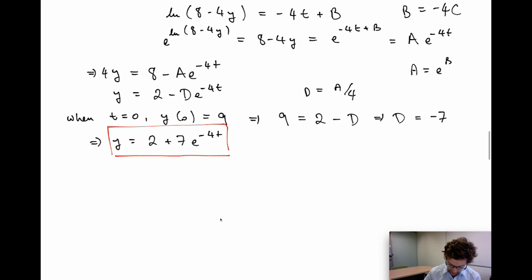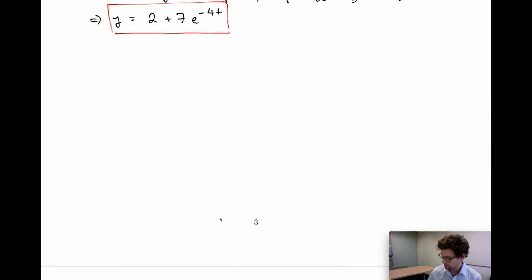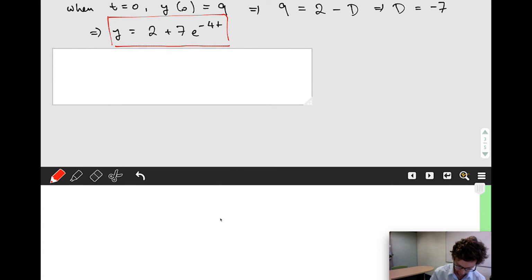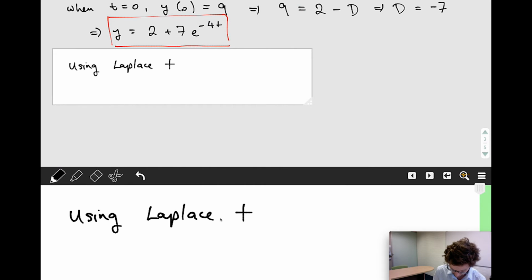Now let's try and solve this same equation using Laplace transforms. So what we're going to do is we're going to take our differential equation and we're going to take the Laplace transform of each side.